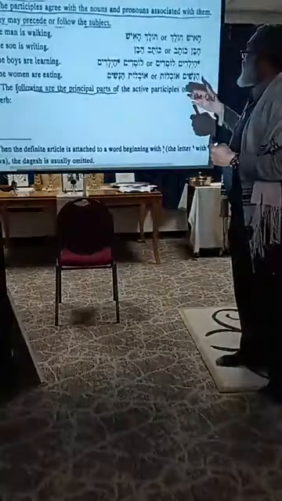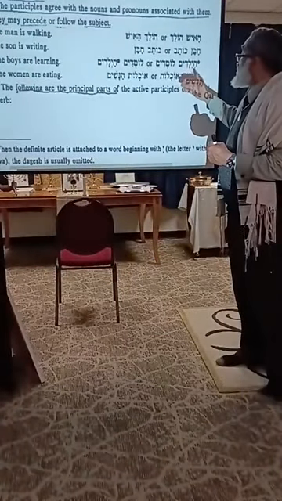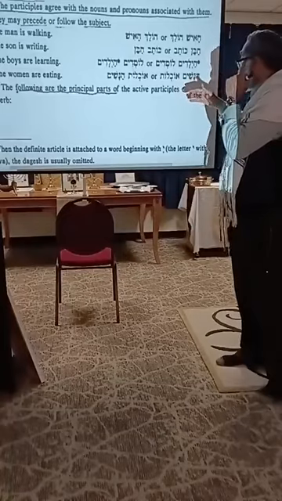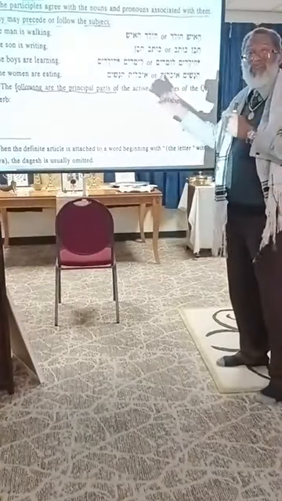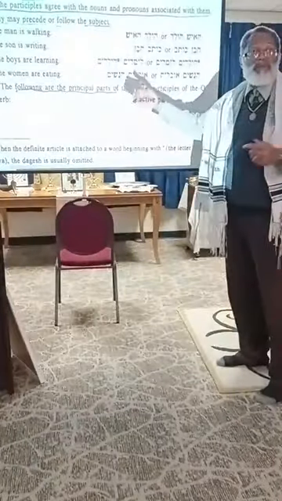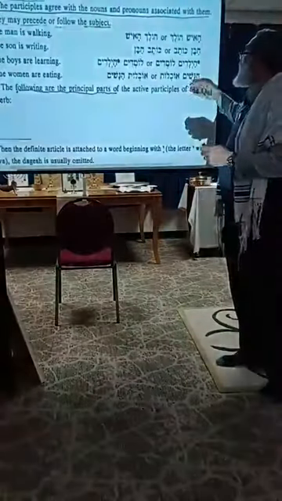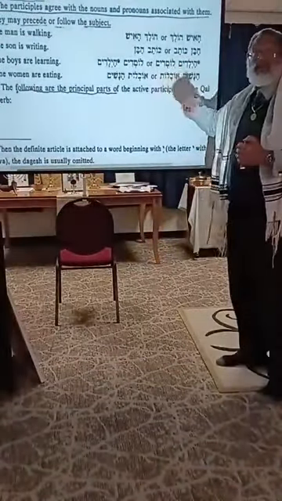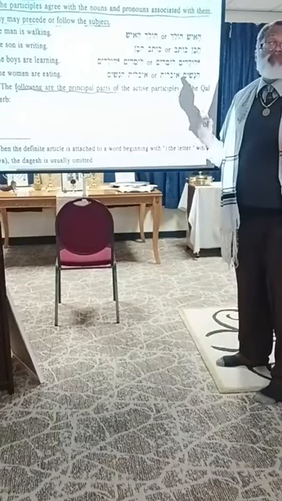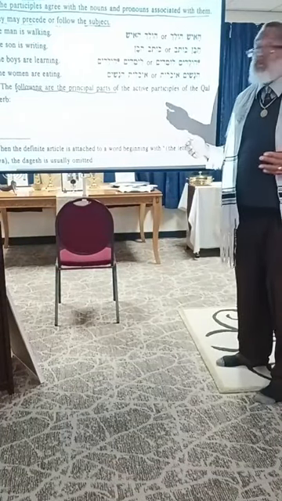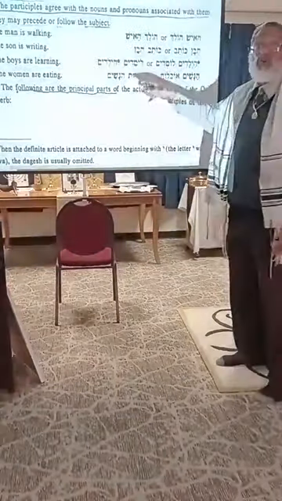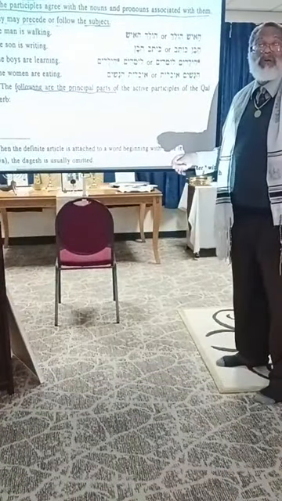So if you have a participle in this instance, or if you have an adjective, say an adjective like the word black, like saying the women are black, you would say shachor is the word for black in Hebrew. You would say shechorot. It would be hanashim shechorot.